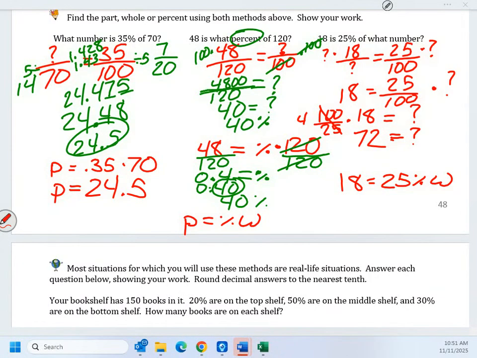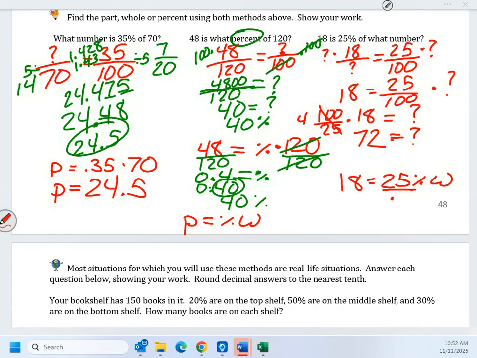How do I get the W by itself? Henry? By dividing. I want the W over here by itself. What do I want to move over so the W is by itself? 25%. Is 25% easy to work with, or should I convert it to something? Maybe a decimal.